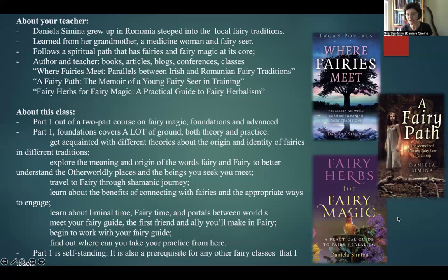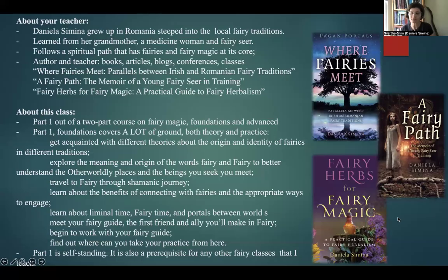There is an exchange. The fairy seers carry out tasks. The fairies give knowledge and gifts. Gifts are mostly in the form of healing and knowledge of various kinds. And these fairy seers also mediate between human communities and fairies themselves.